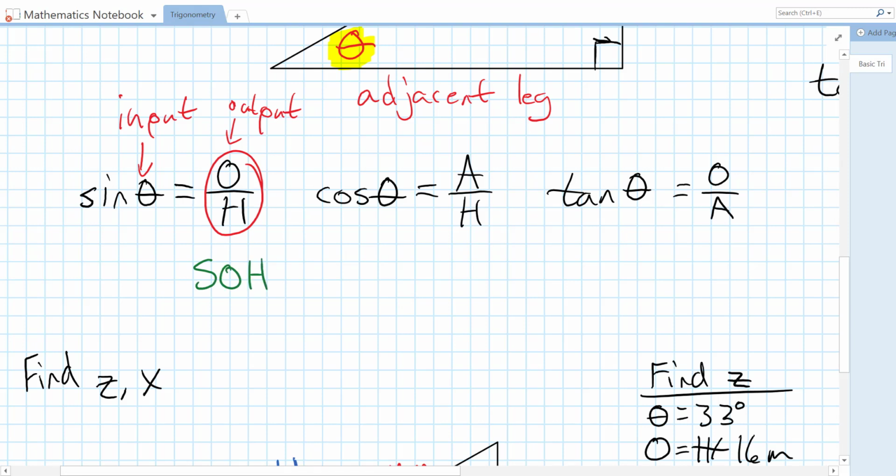Cosine is adjacent over hypotenuse, CAH, and tangent is opposite over adjacent, TOA. So to remember your trig functions, you can just memorize SOHCAHTOA. SOHCAHTOA gives us the order of everything, helps us figure out each trig function.